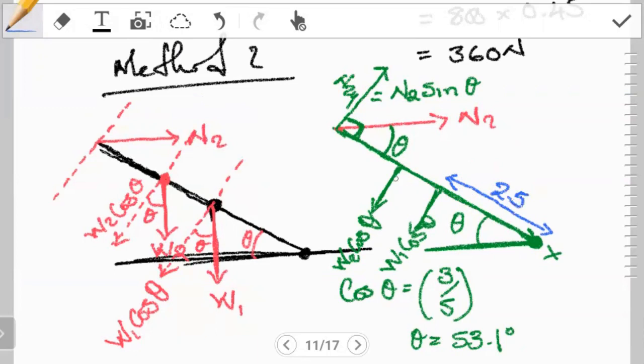Next up, where the man is. Well, we don't know where the man is. That's what we want to find. So I'm going to give it x. This is the distance from our pivot of choice to where the man is. So that is x.